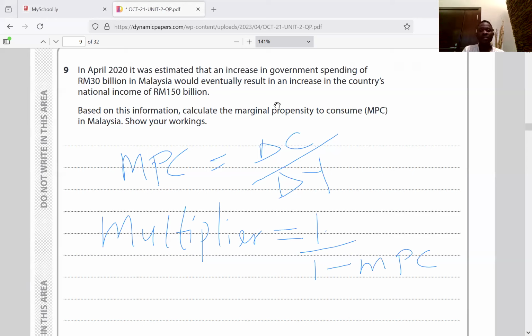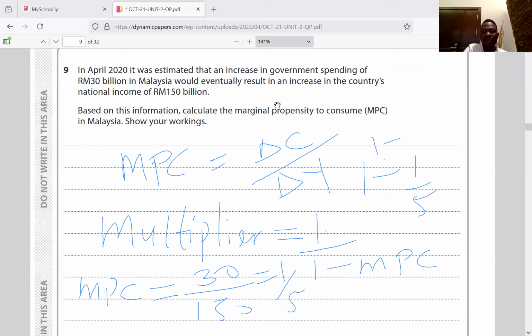So based on what we have, MPC is change in consumption, which is government spending, 30, divided by national income, 150, and that gives us 1 over 5. So 1 divided by 1 over 5 gives 1 multiplied by 5, and 1 minus 0.2 gives 0.8 as the reciprocal. So we have 0.8. I think it's clear. That's the multiplier.